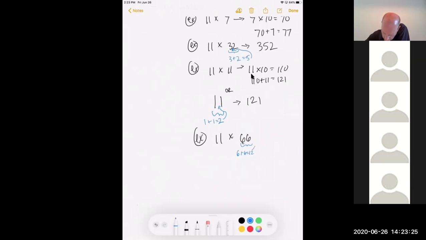Now the 2 will go in between the 6s, and then the 1 will be added to the first number. So you have 726. Pretty fun, huh?